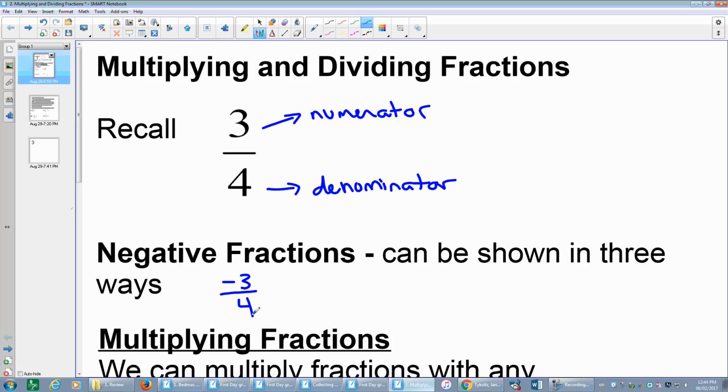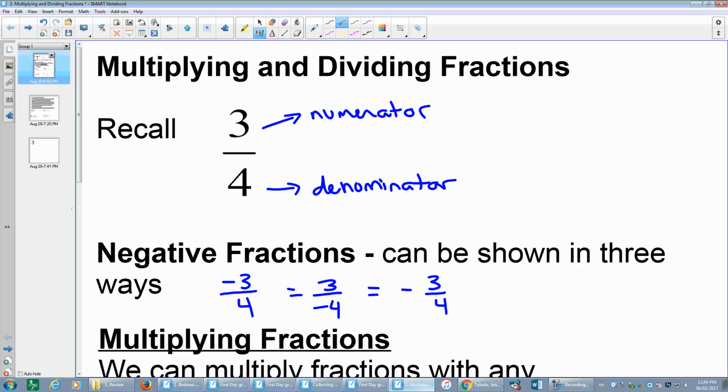Notice that that 3 is negative. Another way I can write this is 3/-4. And another way I can write that is a negative and then the 3/4. Okay, so again, all three of these things mean the same thing.